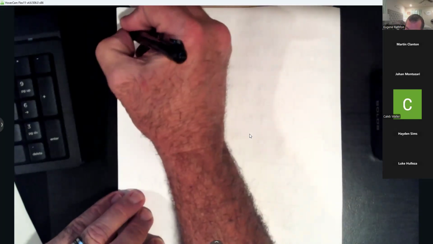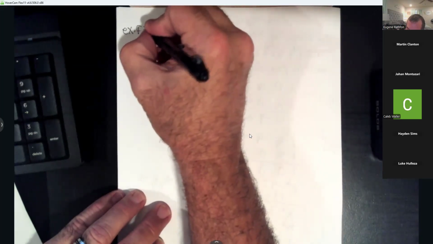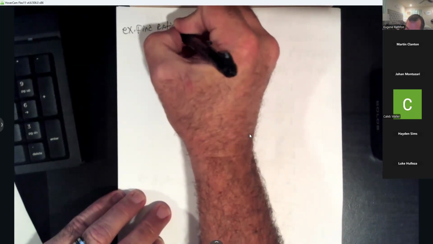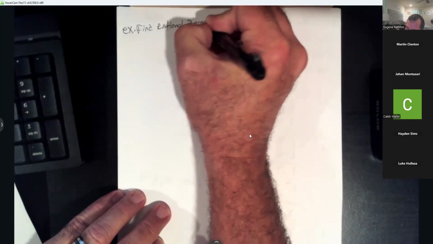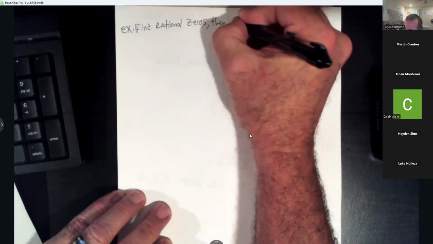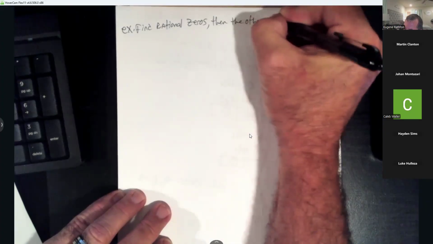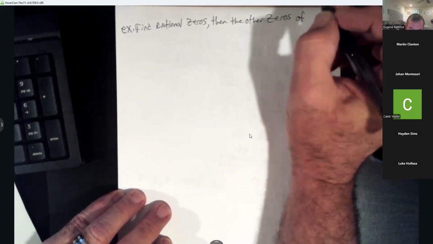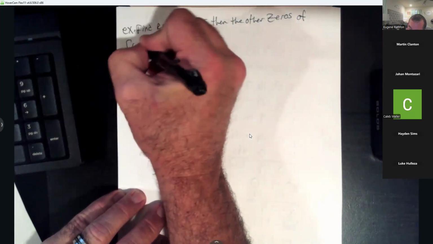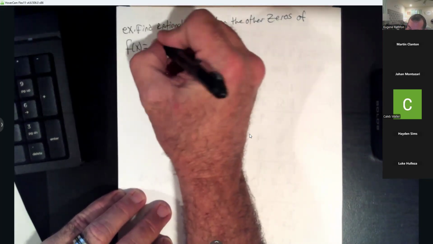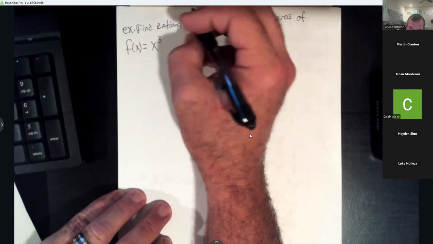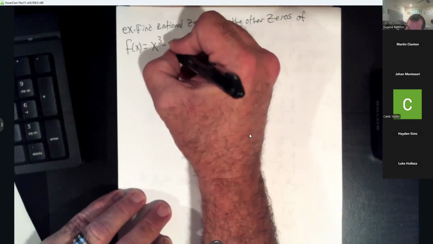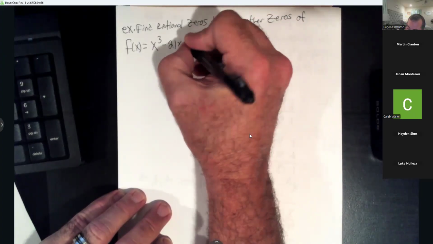All right, so on this last one, they want me to find the rational zeros and then the other zeros of, all right, so my function is f of x equals x cubed minus 21x plus 20.